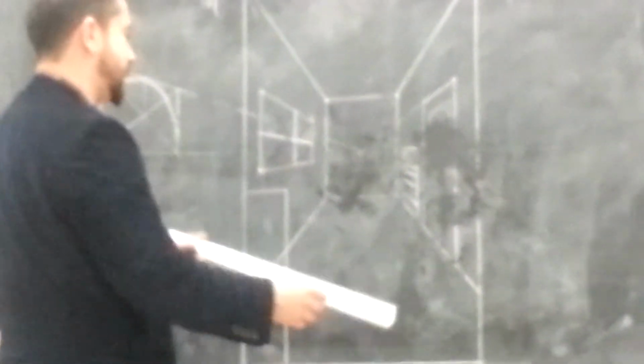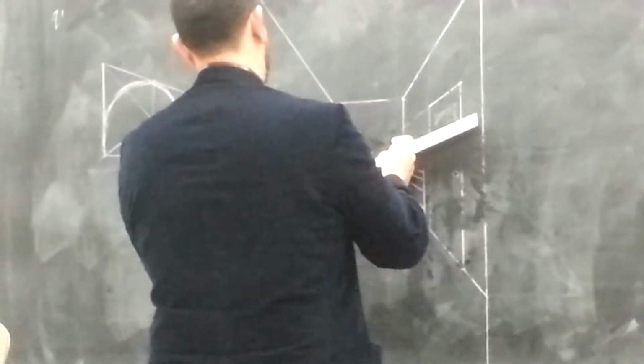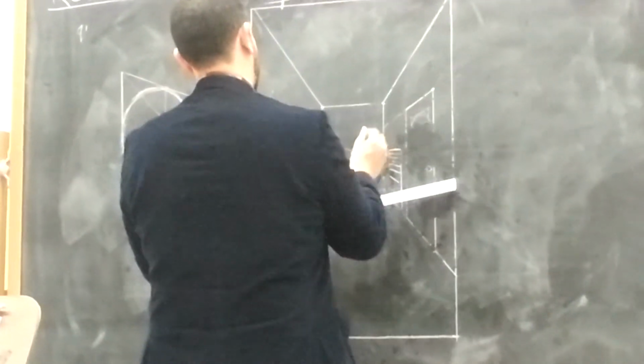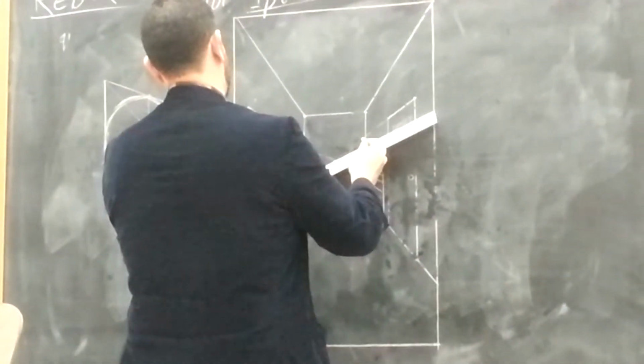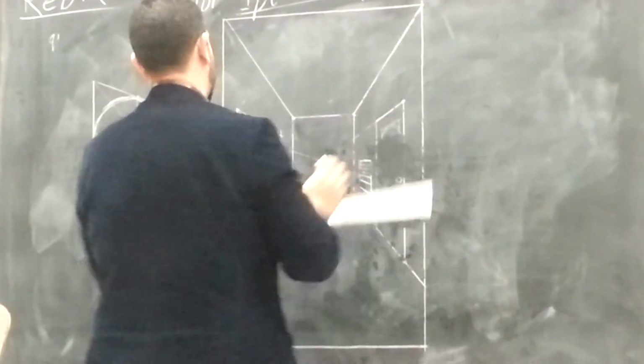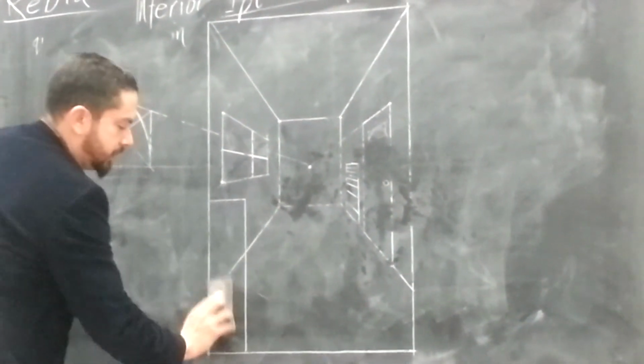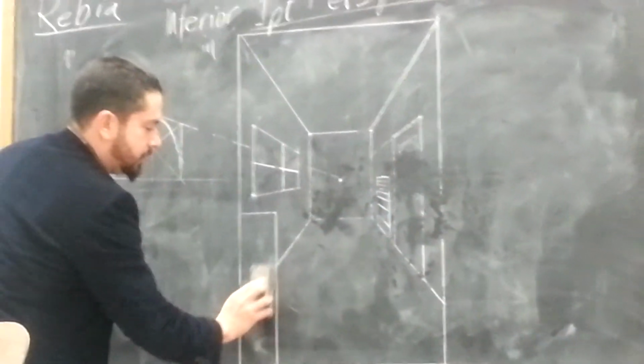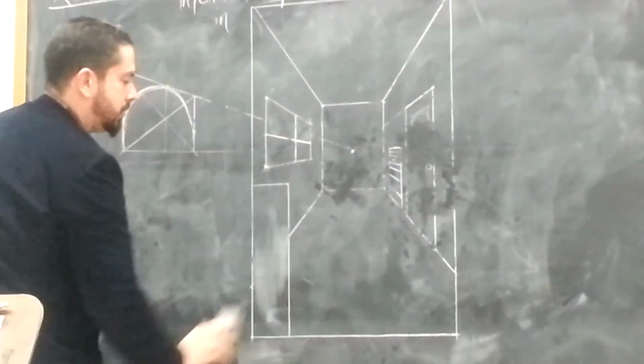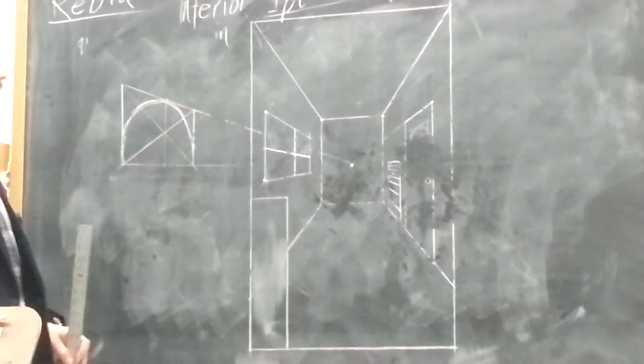Good. Alright. Vanishing point. There's our rectangle. I'll erase this, it's not made out of glass. Not anymore. No more squares made out of glass.